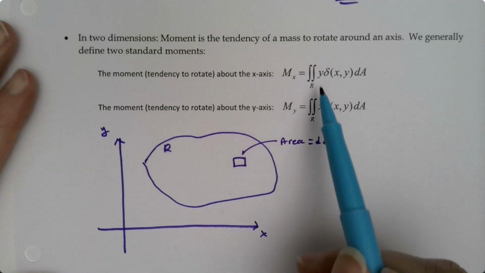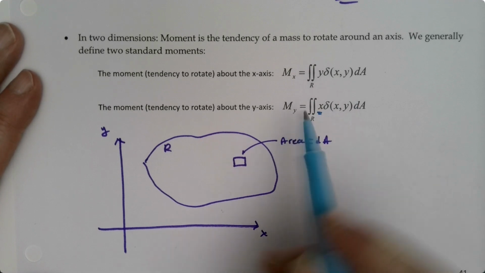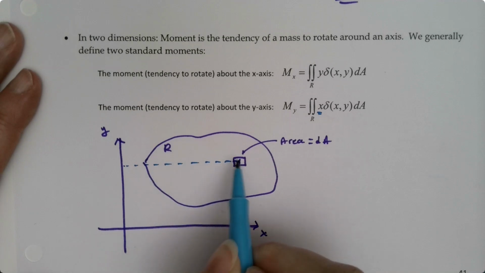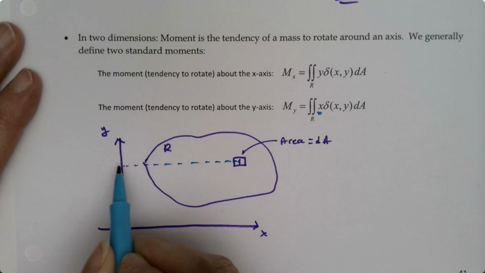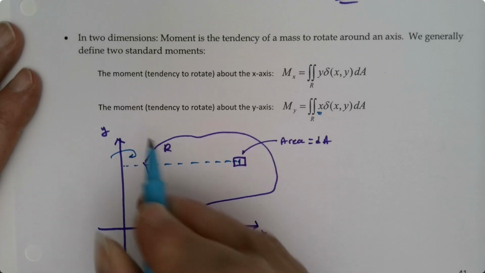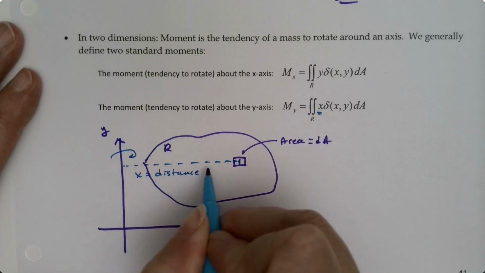Because you might have noticed that in here we have x in the my. Why is that? Well, because the distance of this little section to the y-axis relates to the tendency to rotate around this y-axis.